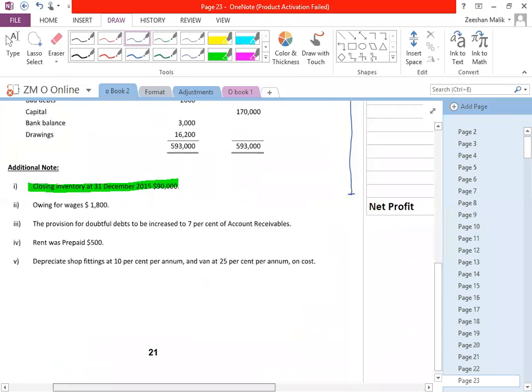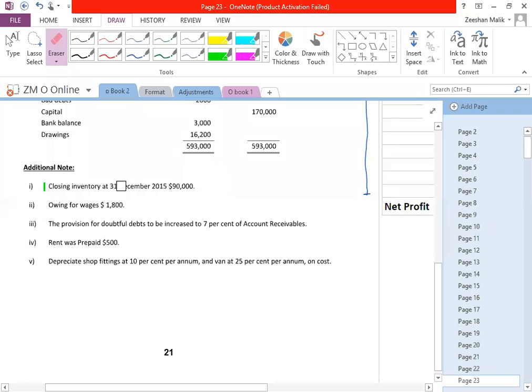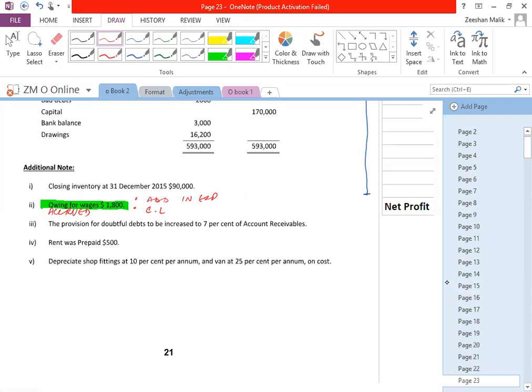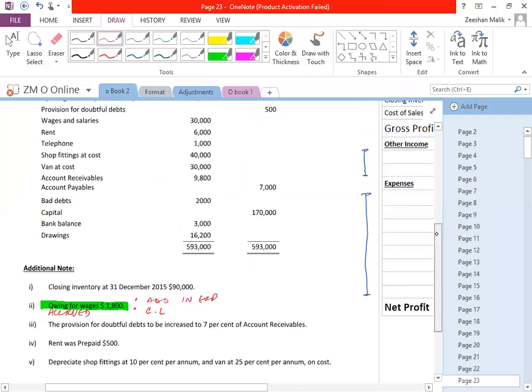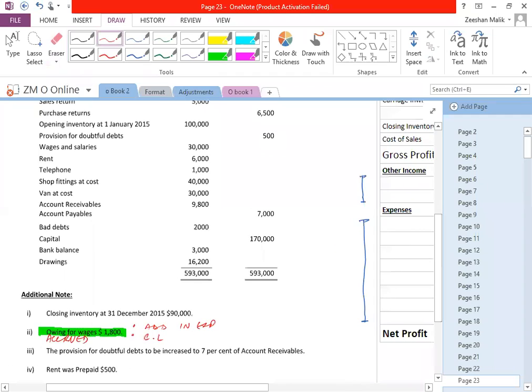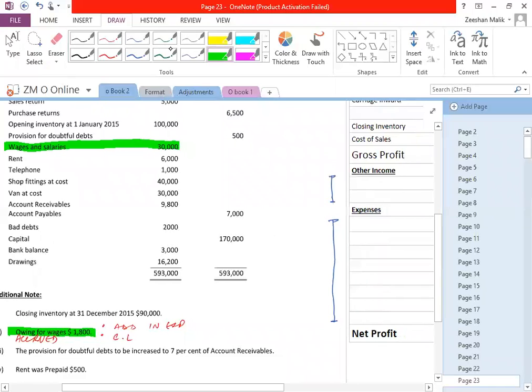Second adjustment. Rent, owing of wages. Owing is alternate name of accrued. Add in expense and current liabilities. Every adjustment affects twice. Wages 1,800. Do we have wages here? Yes, we have wages and salaries 30,000.